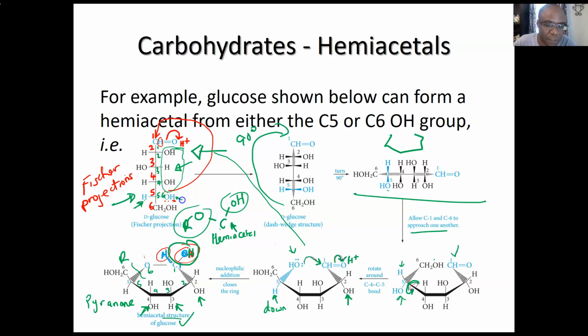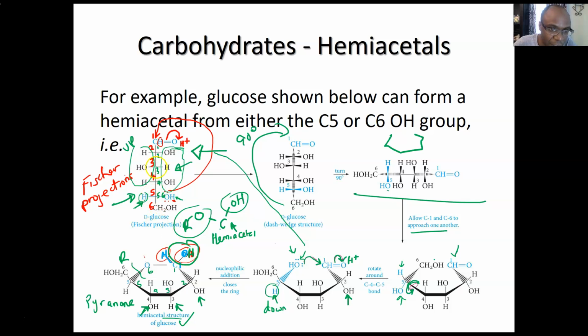This oxygen was used to attack, so it's this one after rotation, but my focus is this hydrogen. It's on the left, so we think it should end up up, but because we did the rotation, it should end up down.